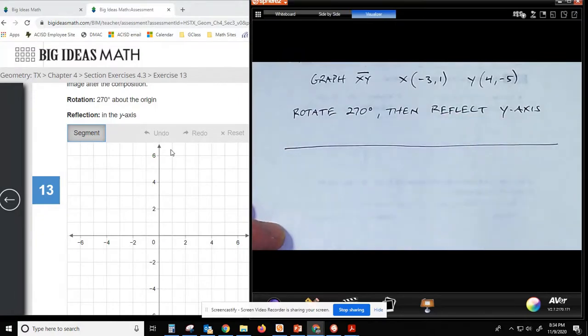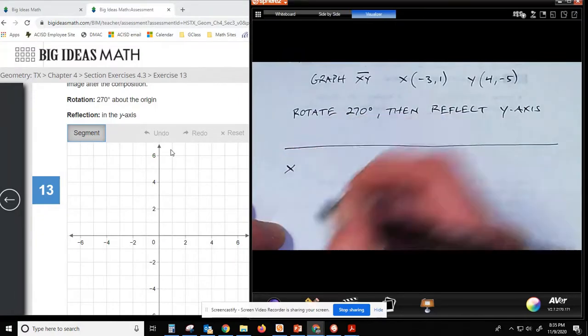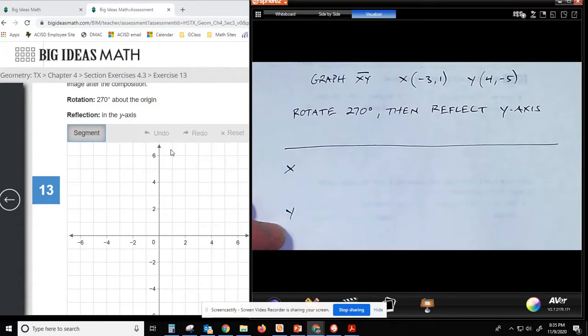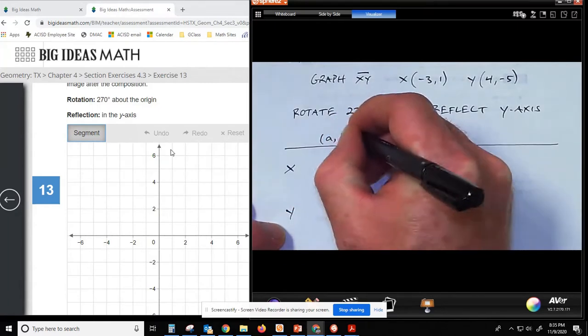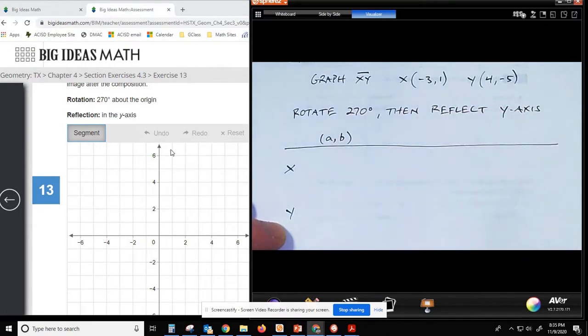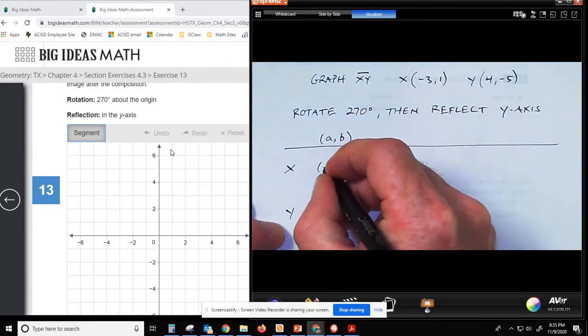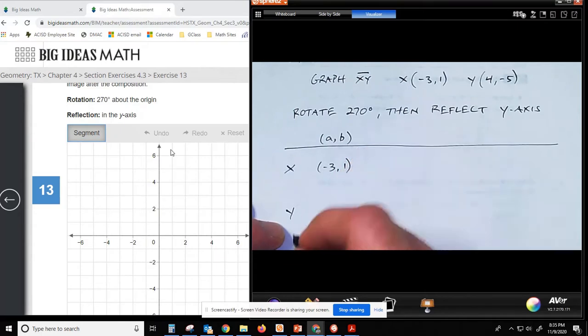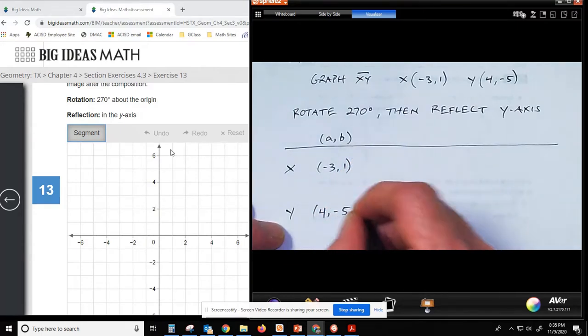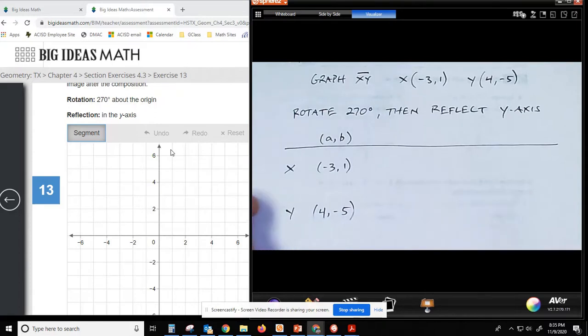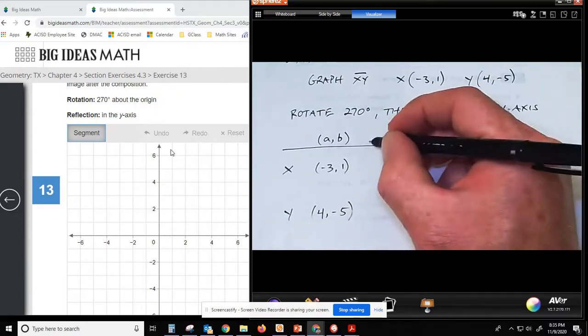All right, I've got point X and point Y, and I have my original order for the coordinates. X is (-3, 1). Y is (4, -5). Okay, draw yourself a vertical line.